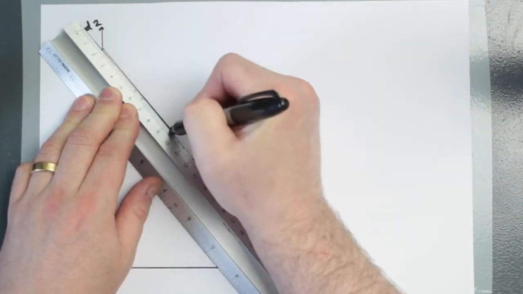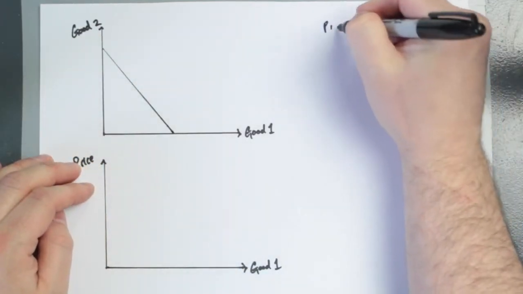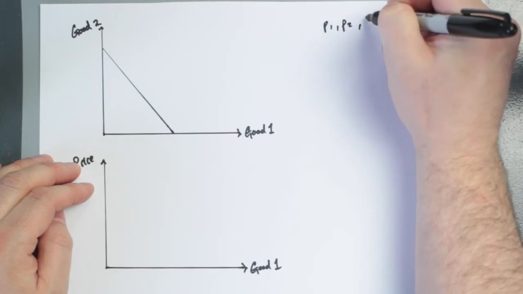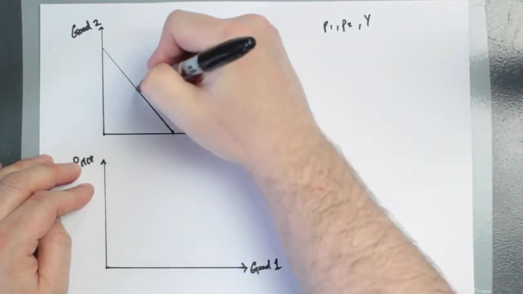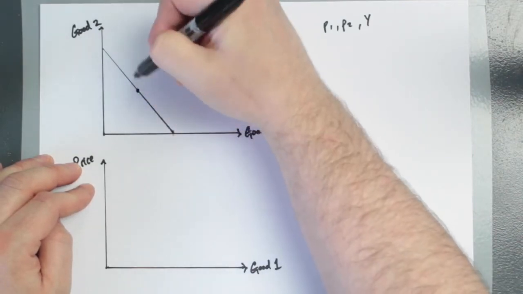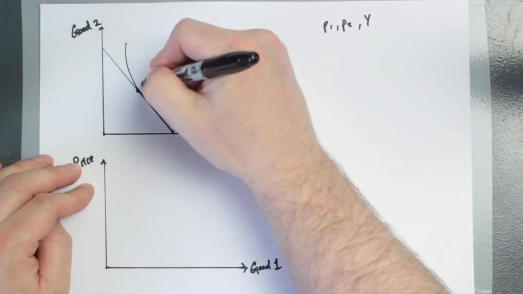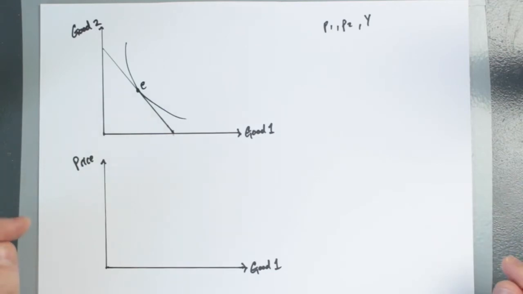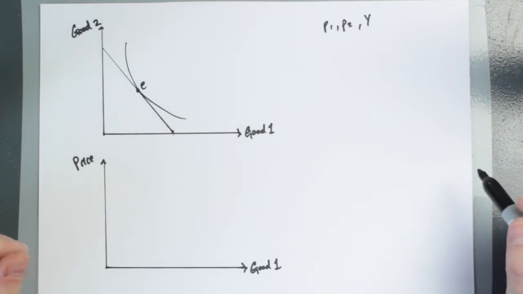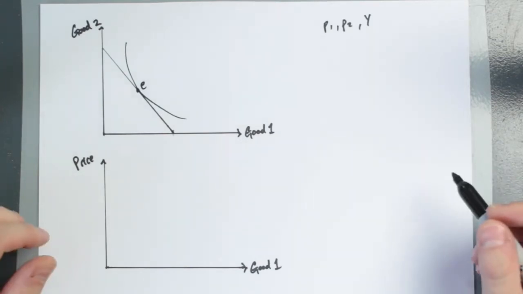So we begin with prices P1, P2, and income Y, and we construct a budget line like this, and then we observe the consumer choose some bundle of goods, let's label that E, which is characterized by that tangency condition, and all income is spent. So the tangency condition is the slope of the indifference curve is equal to the slope of the budget line, and they spend all of their income.